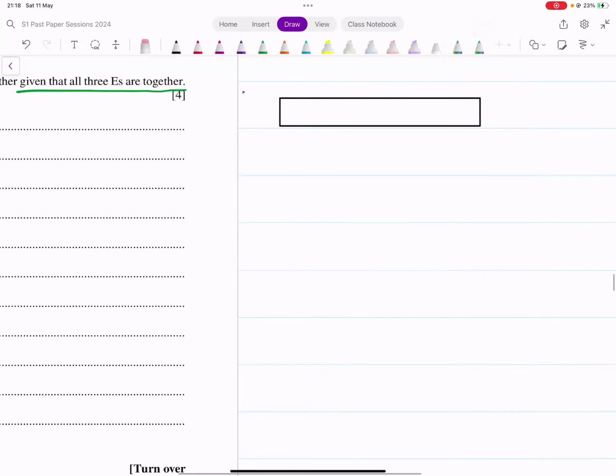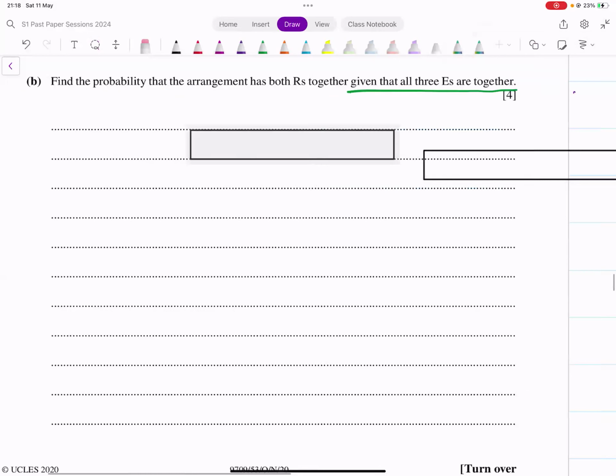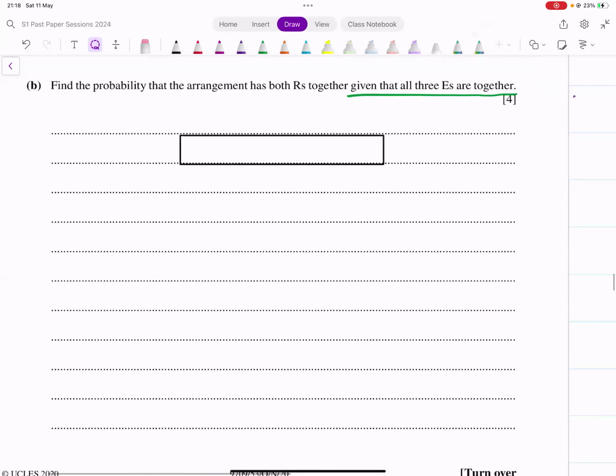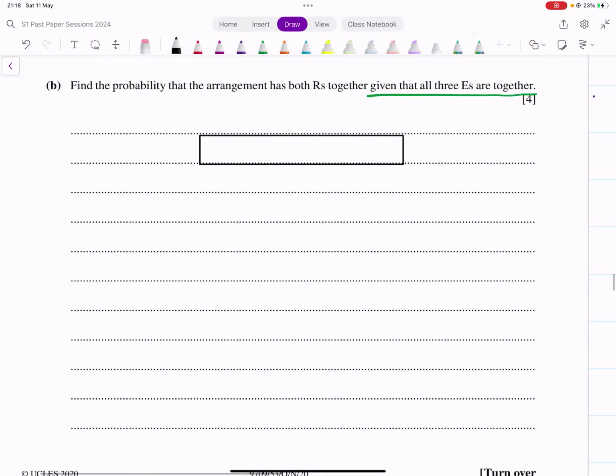Let's make this box representation where the 3 E's are all together. That's the first case that I'm finding. Three E's together, because that's the case that is given. That has to be the denominator of the probability formula. Okay, 3 E's together.